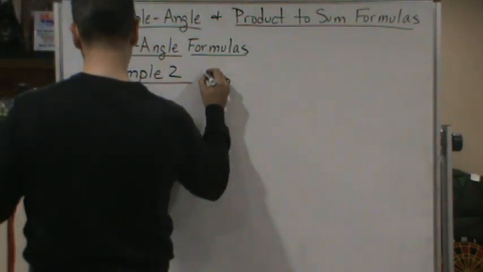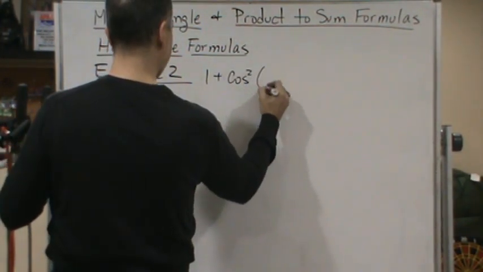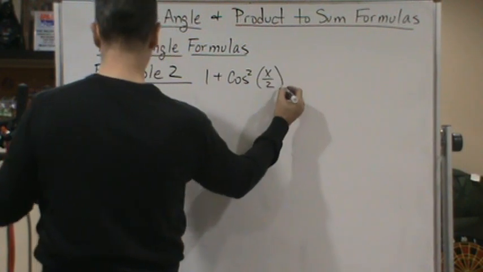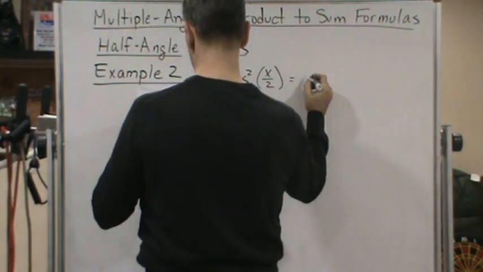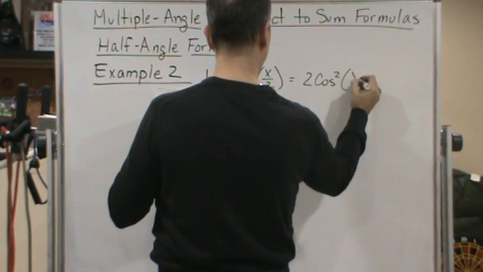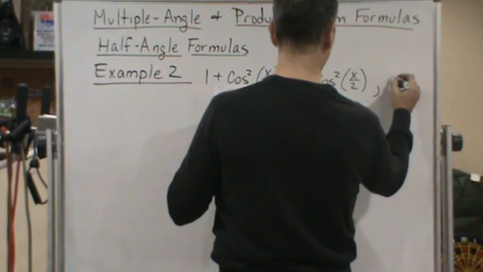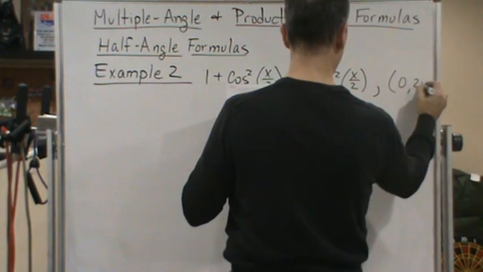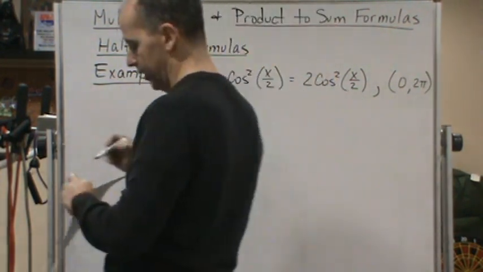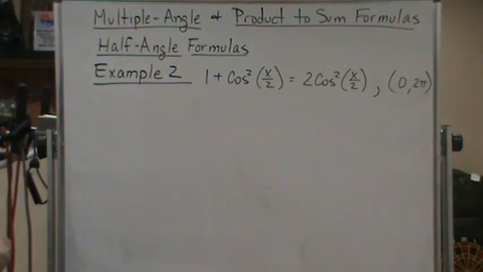So we're going to take 1 plus cosine squared of x over 2 equals 2 cosine squared of x over 2, and from 0 to 2 pi. Notice how this is not inclusive, so it's between 0 and 2 pi. All right.